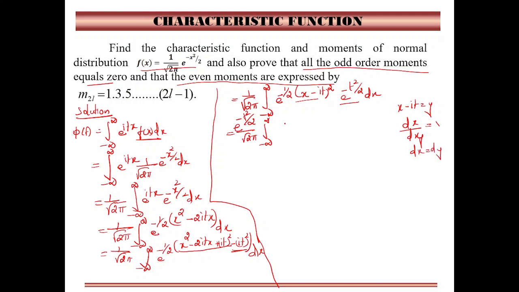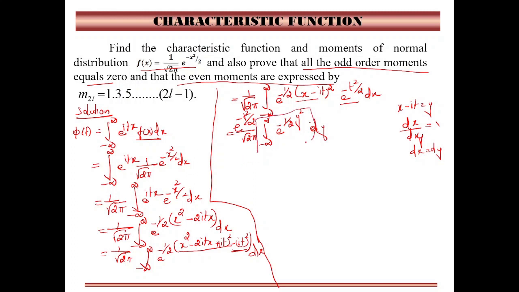We substitute all these things here, so e power minus 1 by 2 y squared into dy.